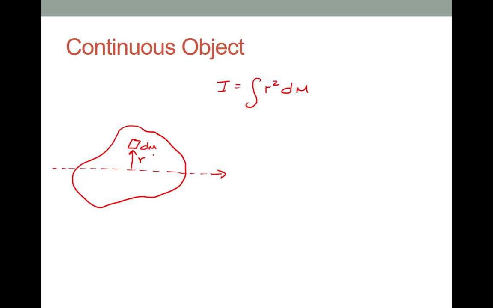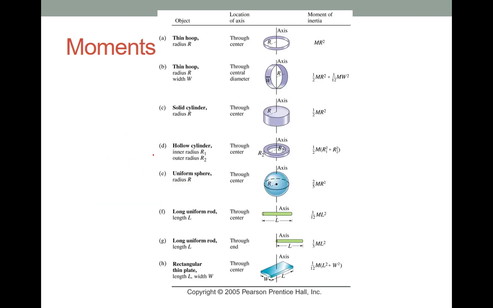Okay. Now, luckily, the moment of inertia for standard continuous objects have been calculated numerous times. In the next part of this unit, I will show you how to do some of those calculations. But they're in tables. So here is a table of common moments of inertia.